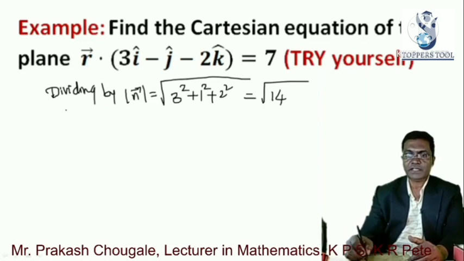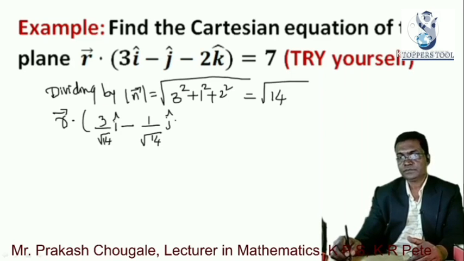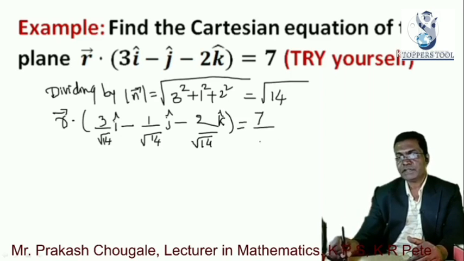So on dividing, you will get vector r dot 3 by root 14 i cap minus 1 by root 14 j cap minus 2 by root 14 k cap is equal to 7 divided by root 14.